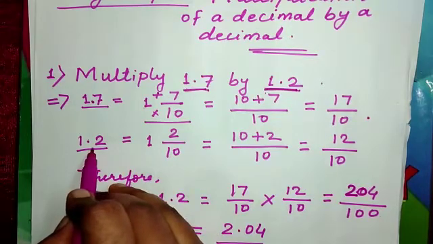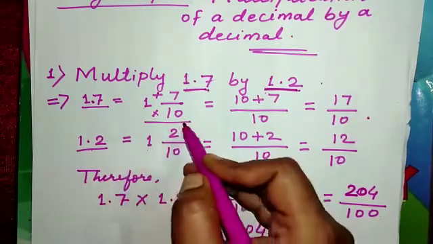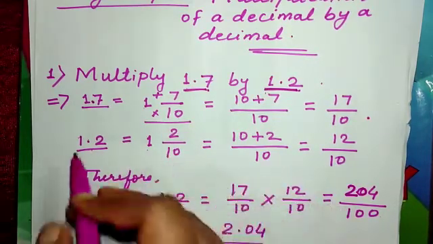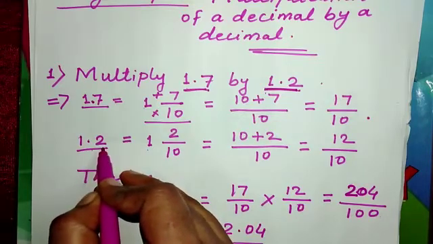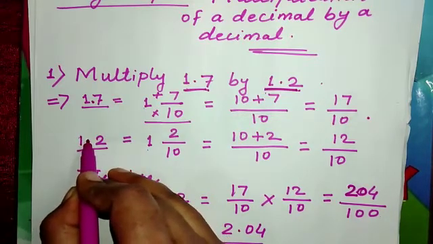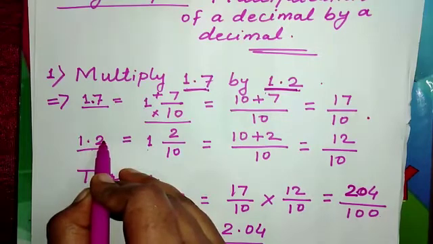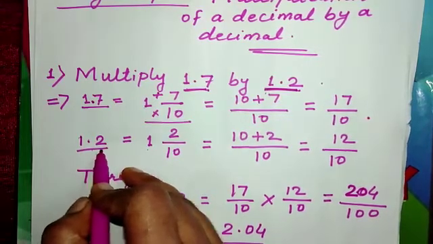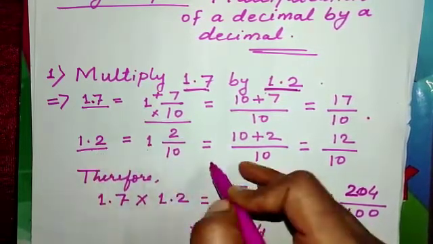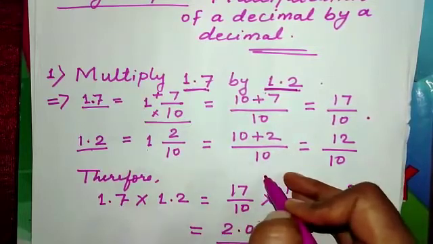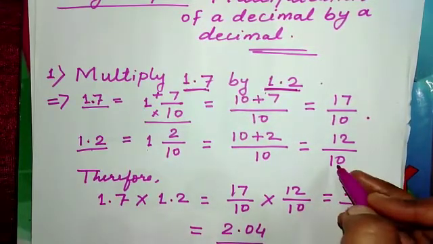Okay, same way we will solve this one also. 1.2 is equal to 1, 2 by 10. Why 2 by 10? Because this 2 is after the decimal point, that is our tenth place. So we will write 2 by 10. Again 10 plus 2 divided by 10, we will get 12 by 10.